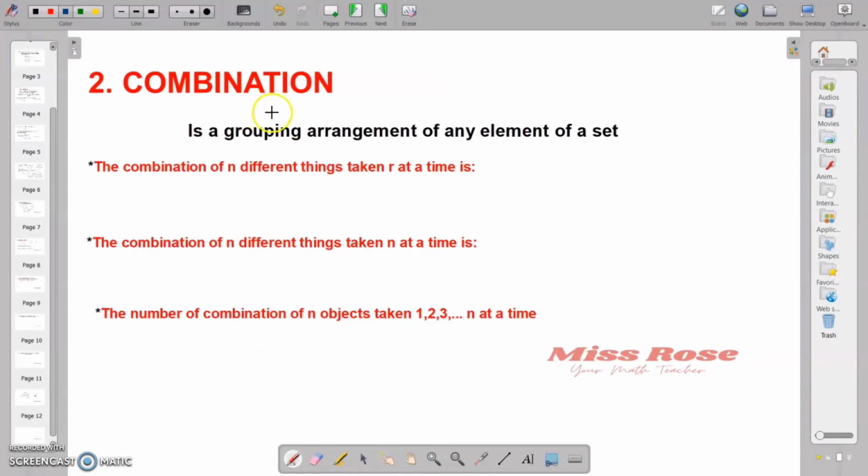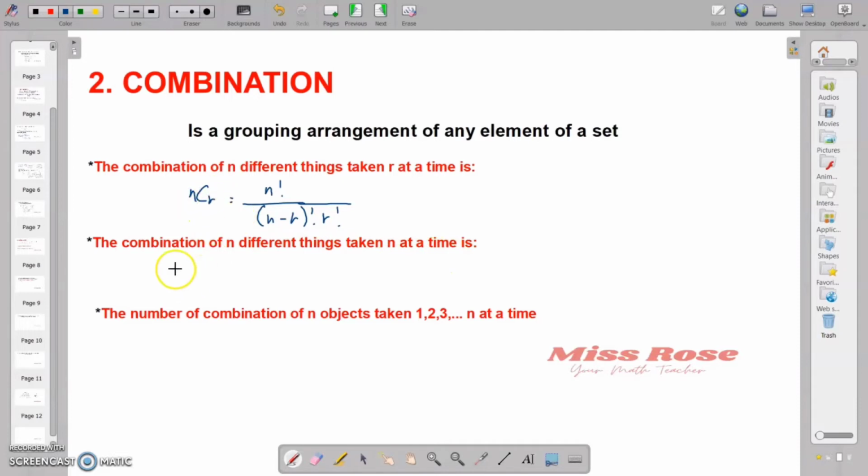Next is the combination. Combination is a grouping arrangement of any elements of a set. The first is the combination of n different things taking all at a time. The formula is nCr equals n factorial over n minus r factorial times r factorial. Next is the combination of n different things taking n at a time.